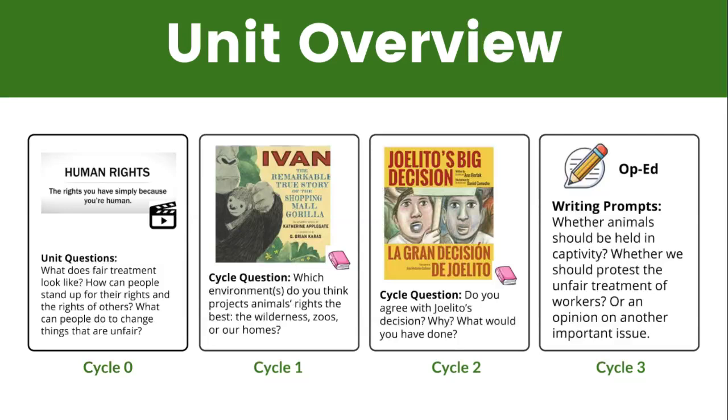Cycle 0 focuses on the unit question that is explored over the course of the 3 cycles. And each subsequent cycle has either a reading question or a writing prompt that the students will focus on. Throughout this video, feel free to pause to read the text on the PowerPoint or to download additional resources.